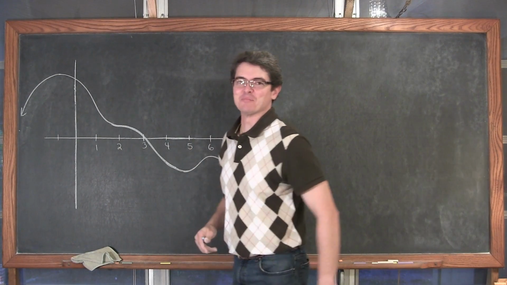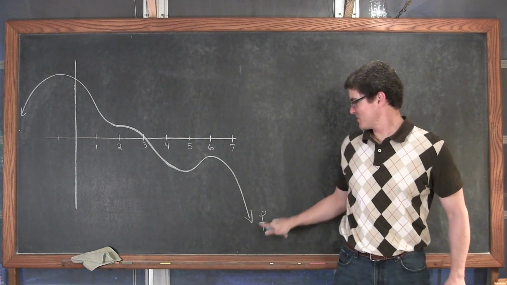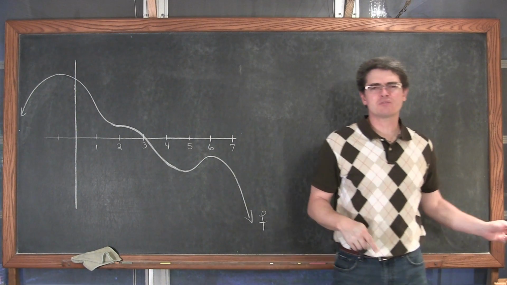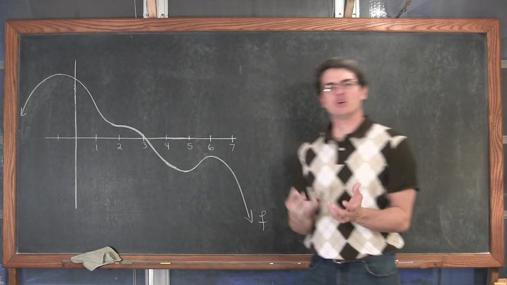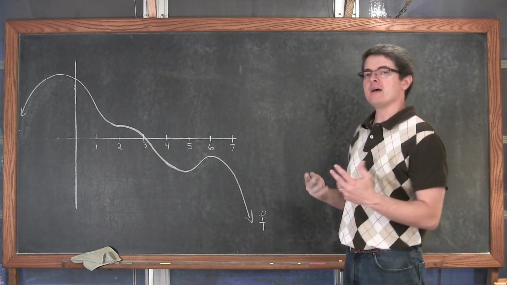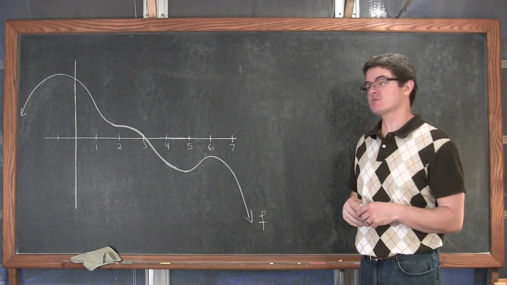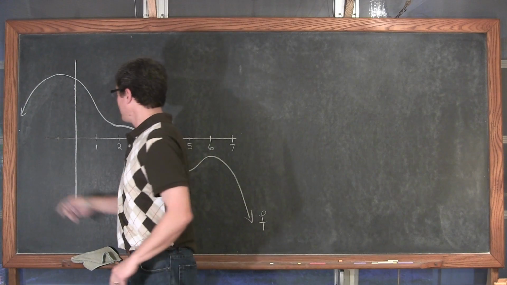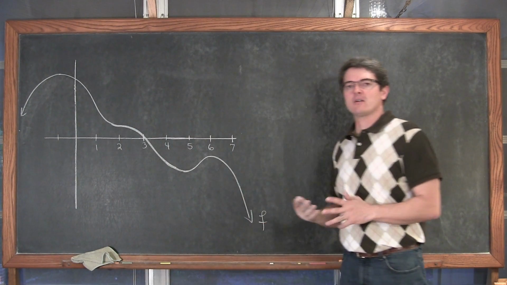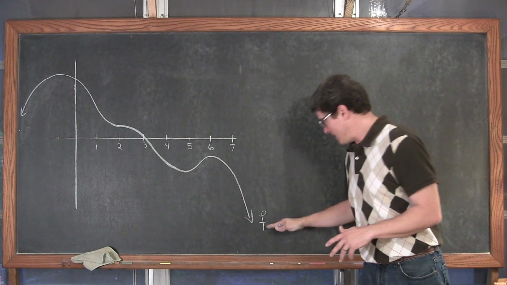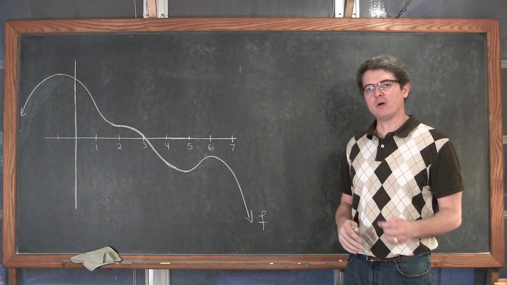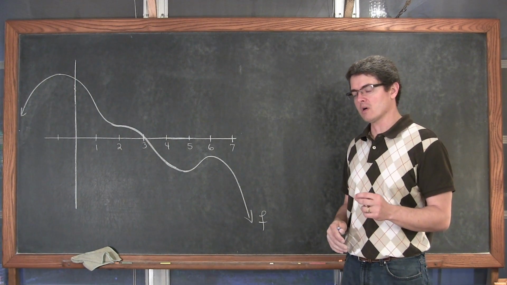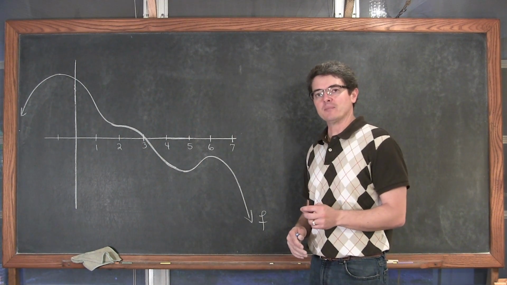Bam! Last example. So we have this crazy function f drawn in white. I want to come up with a plausible sketch of what the first derivative would maybe look like. So I'm going to look through here and try to find all the places where the original function has a slope of 0 or a slope which is undefined.